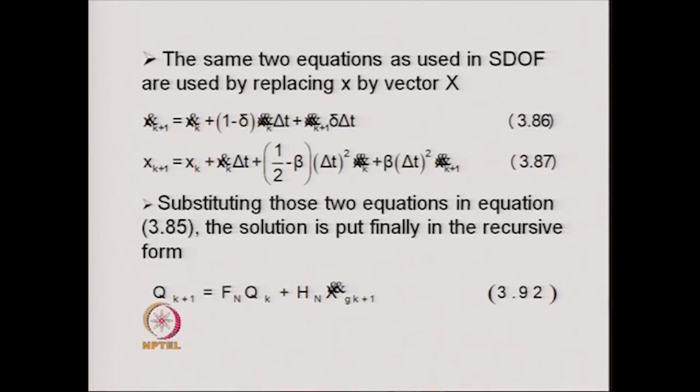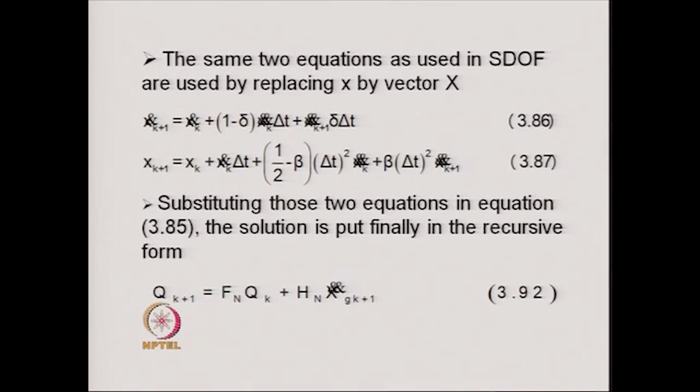Using these two equations, Newmark's beta method can finally be cast into the recursive form of equation, as we had done for the case of single degree of freedom system, and is shown in equation 3.92.